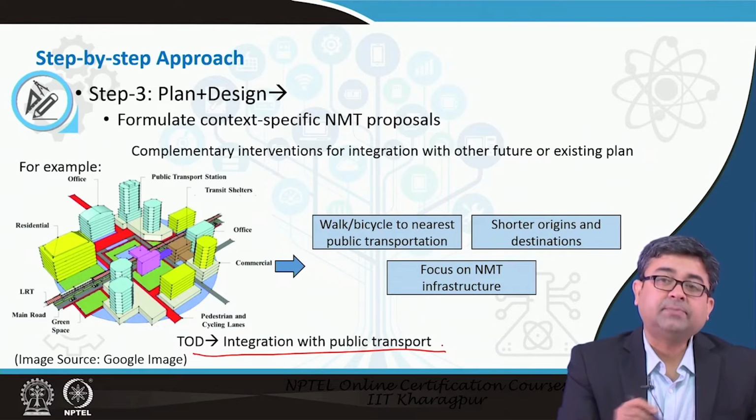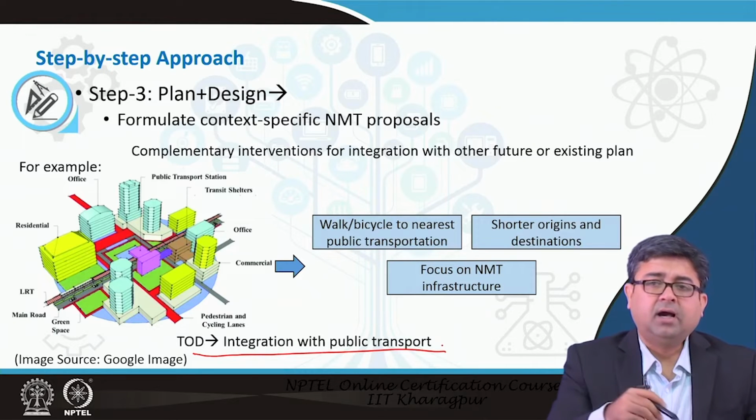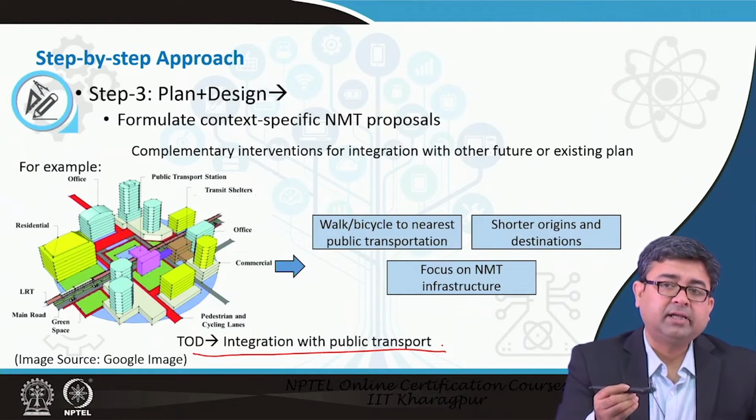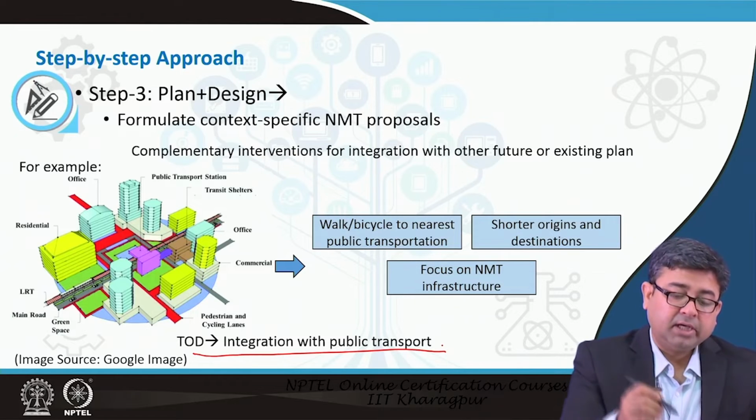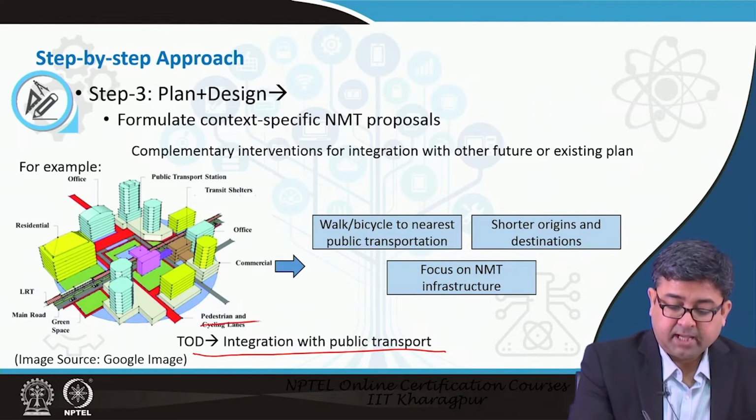TOD has several aspects to it. It has a metro station or a mass rapid transit station, it has high-rise buildings, it has mixed land use, so density is high, land uses are mixed, it has public transport integrated with it. Similarly, it has all the pedestrian and cycle lanes.